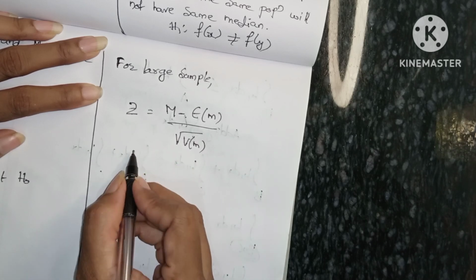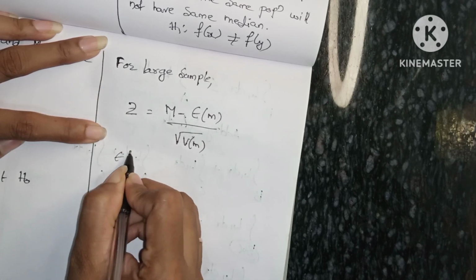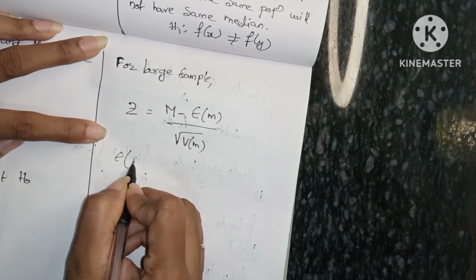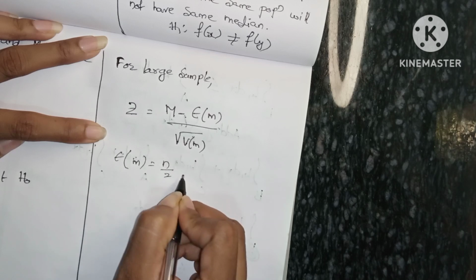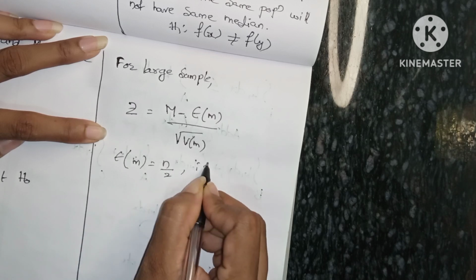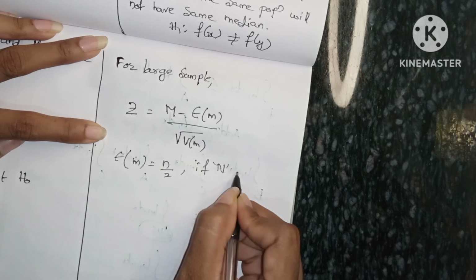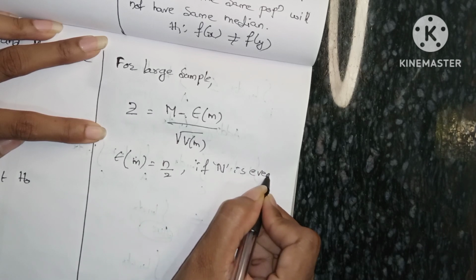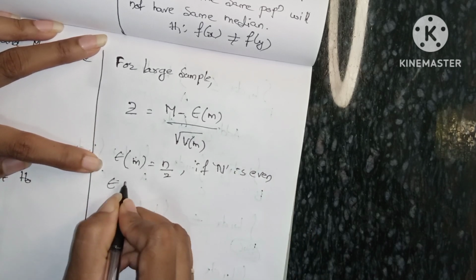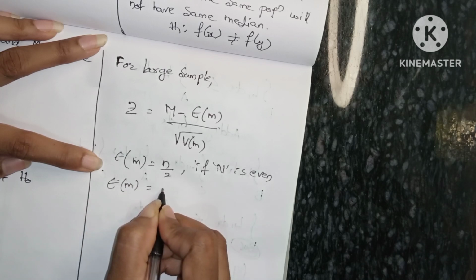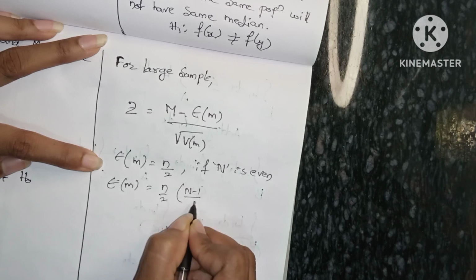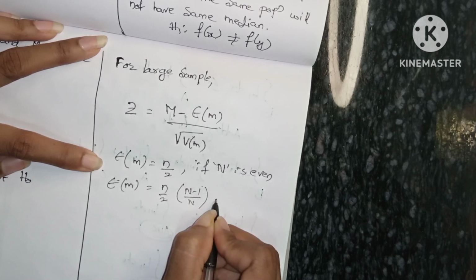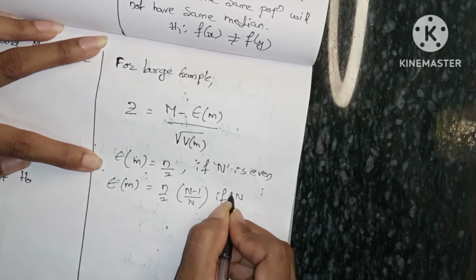Here expectation of m equals n by 2 if n is even, and expectation of m equals n by 2 into (capital N minus n) by capital N if n is odd.